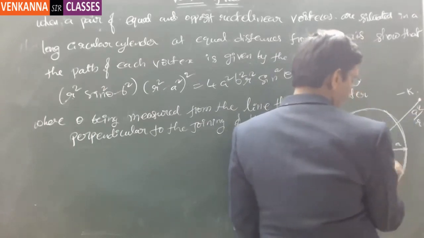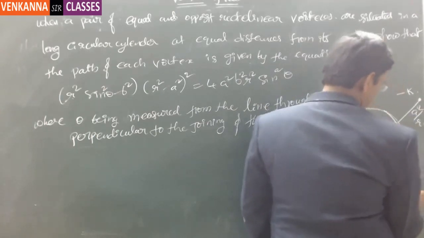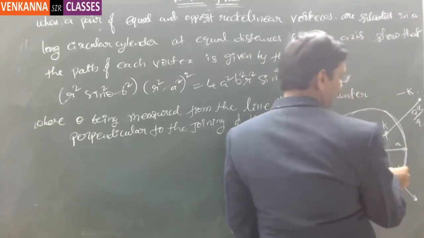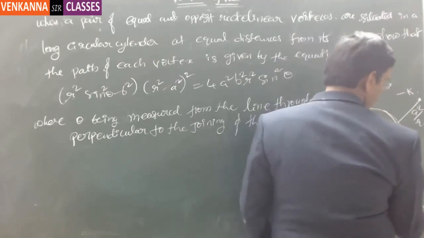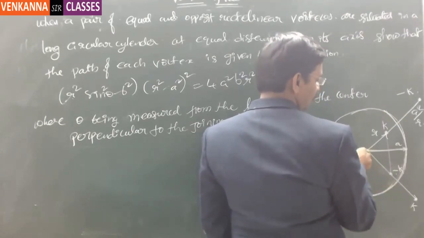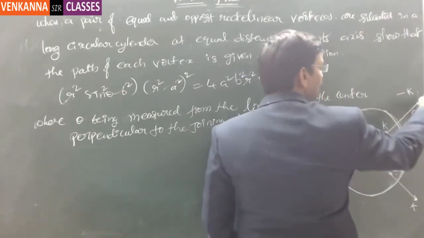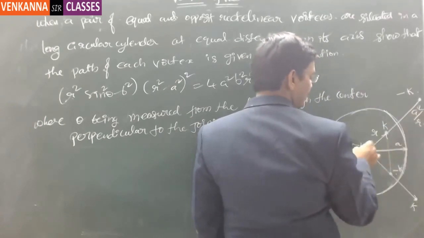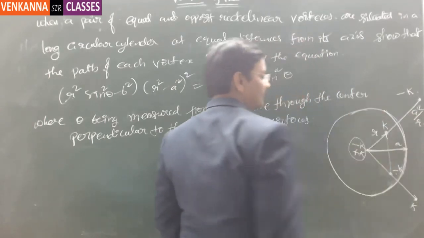Here also there is one more location. If this is minus k, then you have to introduce plus k here, and correspondingly for plus k you need to introduce minus k here. Now these two together will cancel out.